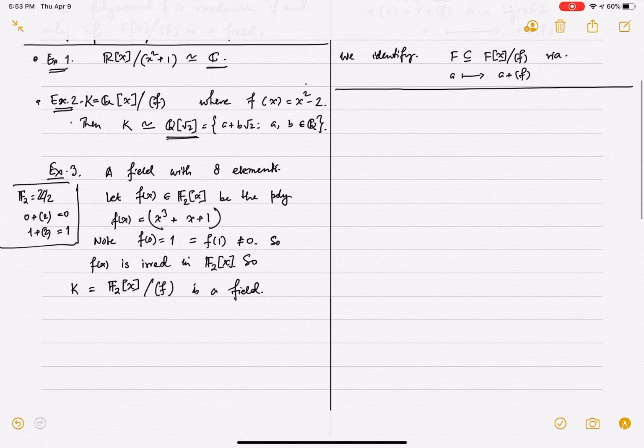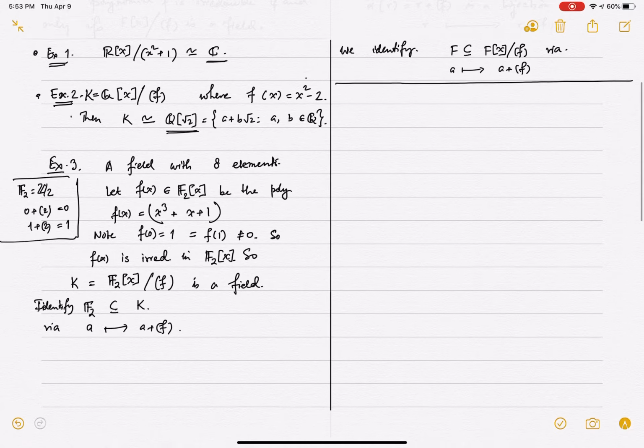And in fact, we also saw that we naturally identify F2 inside here by sending an element of F2 to the corresponding coset. Now, what are the elements of this field?